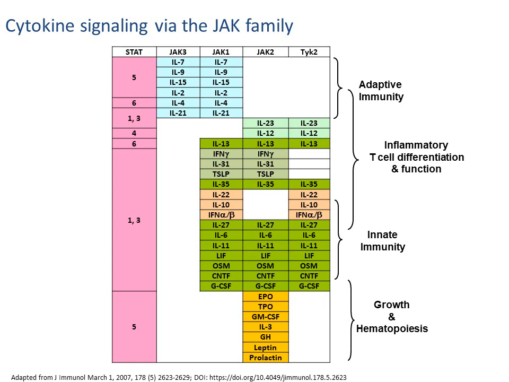Now, if you go down the list, for instance, what if I were to inhibit only JAK1? You look down the list and you see all of the cytokines going all the way that have not only the adaptive immunity but inflammatory T cell differentiation, innate immunity, they all would inhibit a lot of different cytokines.